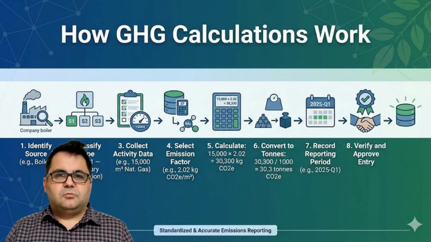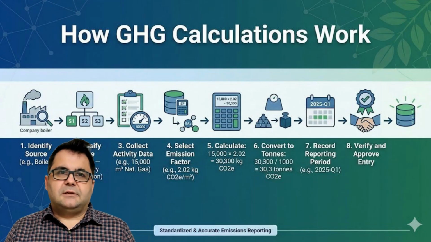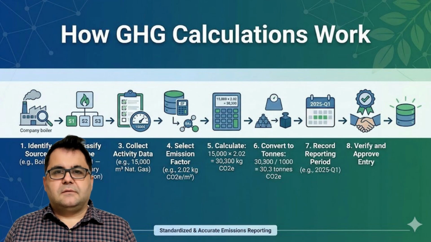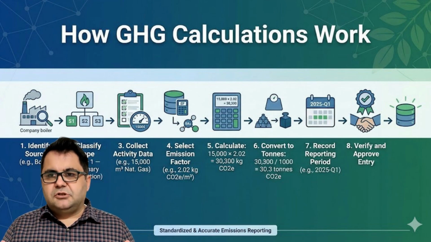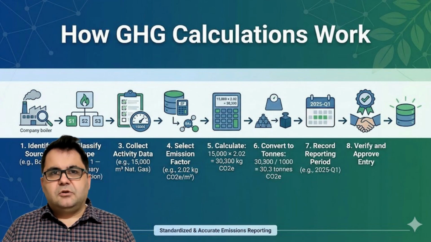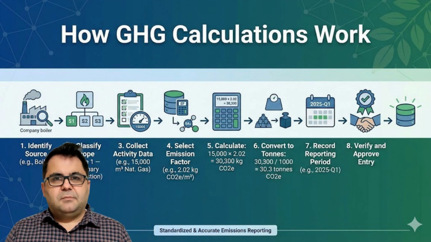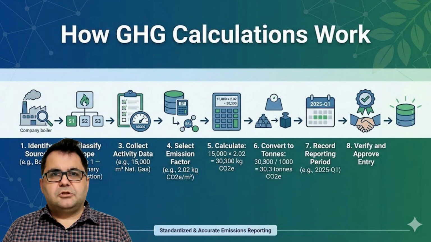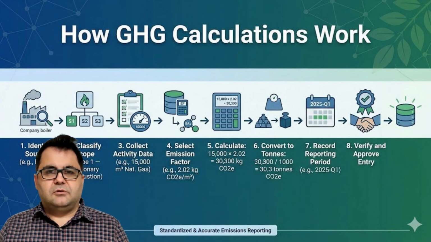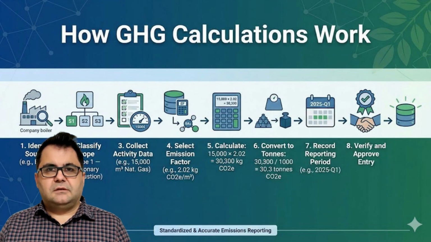Let me walk you through a real calculation. Imagine a factory with a natural gas boiler. First, we identify it as an emission source and classify it as Scope 1 stationary combustion. Then we collect the activity data, how much natural gas was consumed. Say it's 15,000 cubic meters in Q1. We look up the emission factor, 2.02 kilograms CO2e per cubic meter.